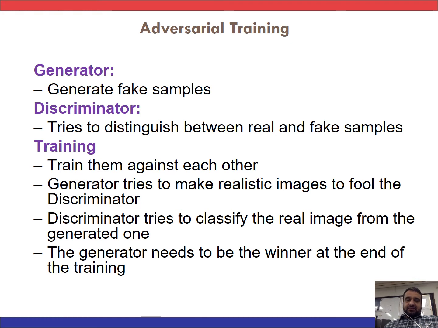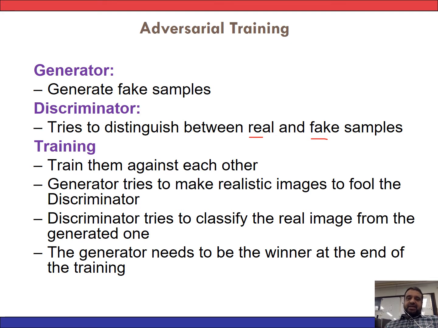The discriminator network, on the other hand, tries to distinguish between the real image and the image generated by the generator. Or we can say the real images or the fake images. Now in training, they are fighting against each other.